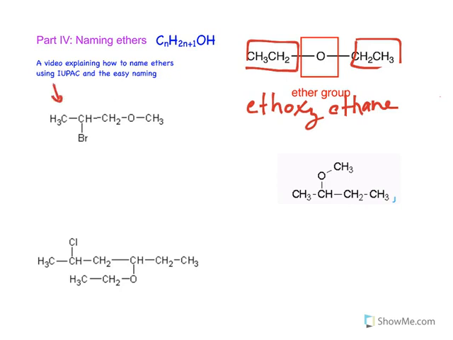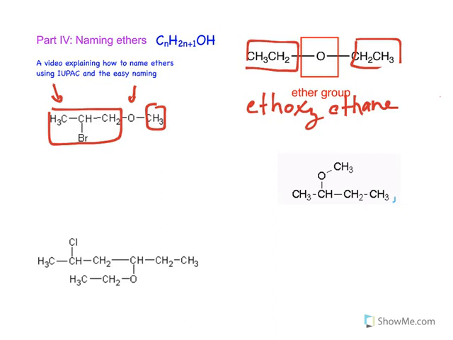Now, looking at the second one over here, the oxygen functional group is over here. So this oxygen is attached to this first R, and this is the second R. The group that is going to end with the suffix alkoxy is the one with fewer carbons.